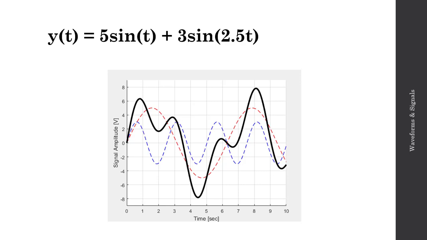So every moment in time, I add up the red and blue signals, and I plot them as the black signal here. And so the signals that you experience with your real mechatronic systems, they're going to tend to look much more like the complex waveform here than the simple sinusoids. So you have to appreciate that in this complexity is buried a number of sinusoids, all at different frequencies, and they're all adding up to give you this complex periodic waveform.